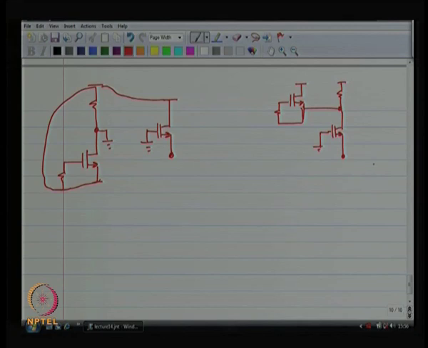I want to find out what is the impedance, what is the resistance looking into the source. Now, to do that, what are these values, by the way? This was 1 kilo ohm, this was 2 kilo ohm. Okay. Now, to do that, first let me try to find out what is the resistance looking in this way as a first step.